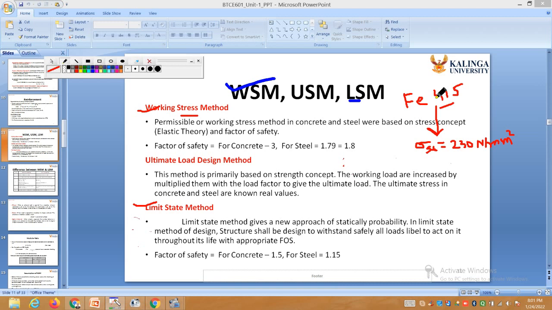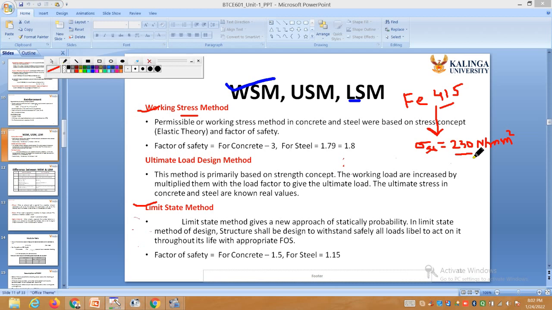But still, in his calculations for analysis of beams, the designer is taking the value of stress sigma st, stress in steel because of tension, as 230. He cannot assume by his own 200 or 190, no. This value is recommended by the IS code.